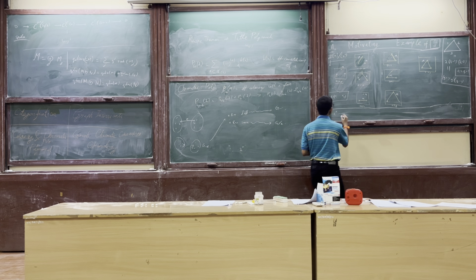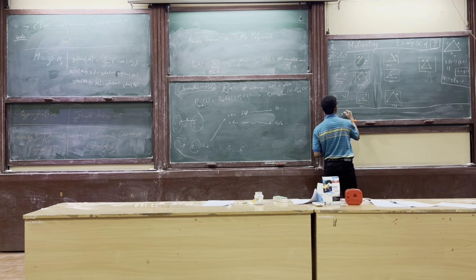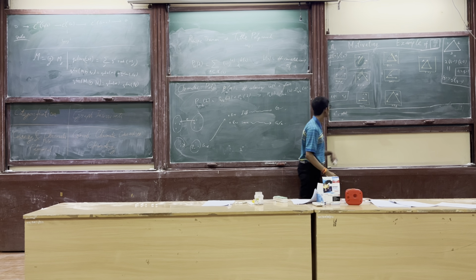So what is C0? This is a tensor, and this is the direct sum of M tensor M. For each of these boxes you take the tensor product and take the direct sum. Just take C1, C2, C3.